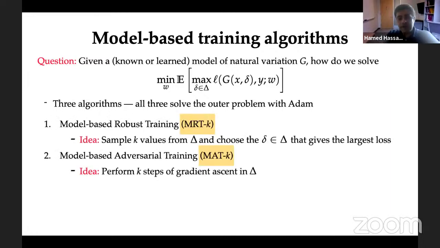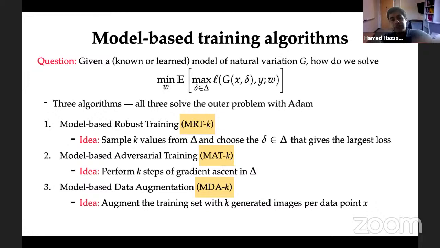Very briefly, we use three types of methods based on zero-order optimization, first-order optimization, and data augmentation to solve this minimax optimization problem. Let me not go over the details in the interest of time. The long story short is that we try to solve this minimax problem approximately using alternating optimization methods.